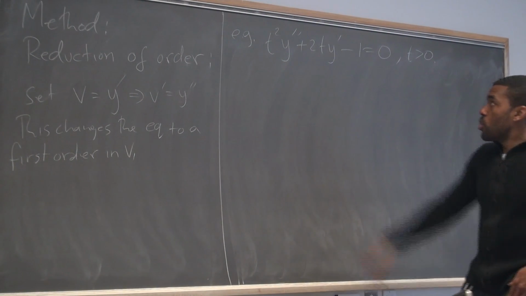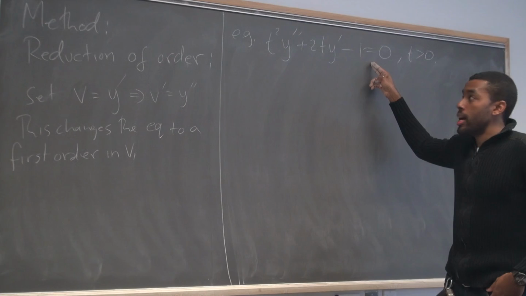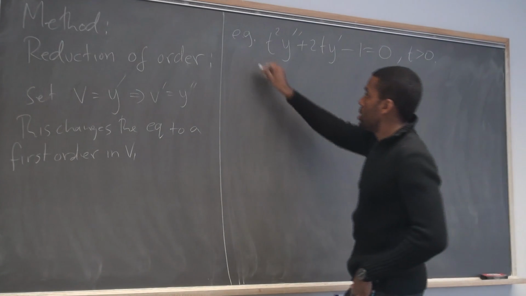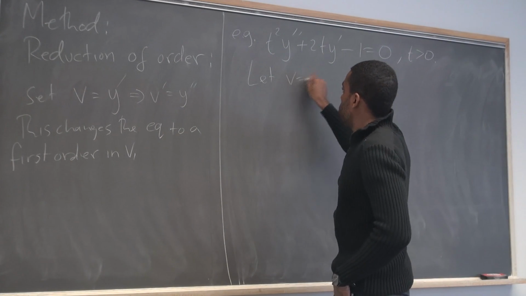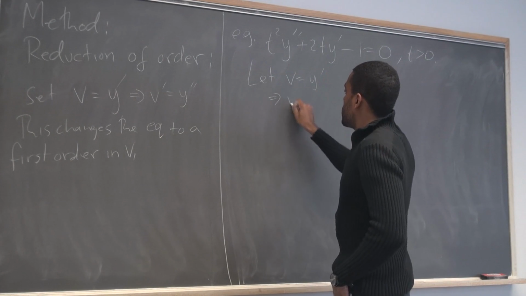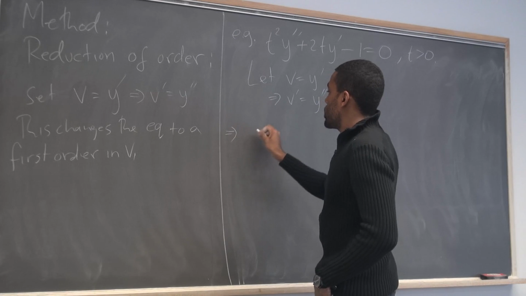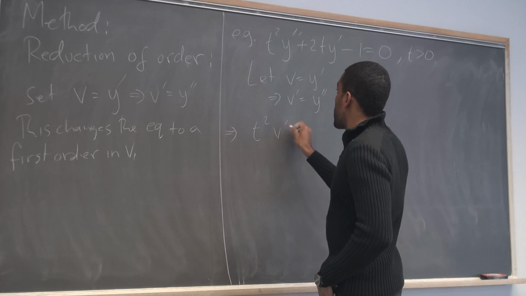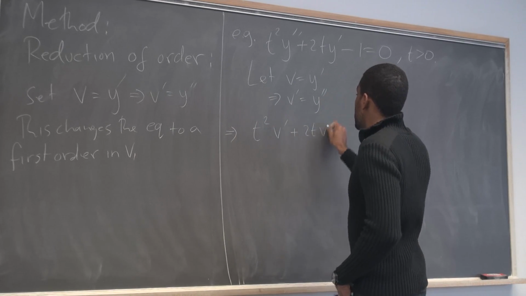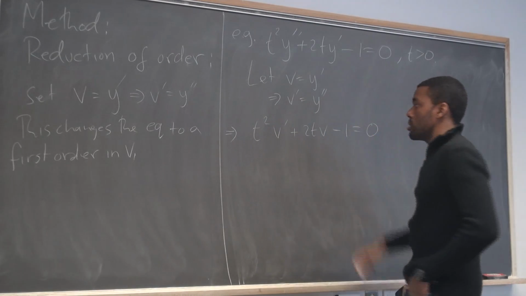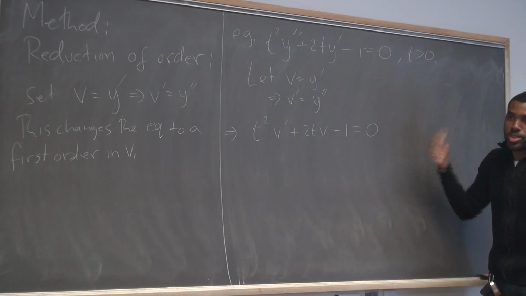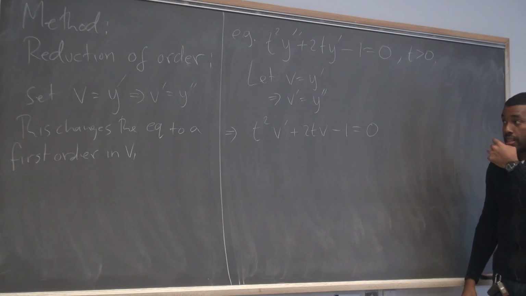So I look at this, I see, oh, there's a double prime and a prime, but there's no y. So what I can do is let v be y prime. This would mean v prime equals y double prime. This would mean I can rewrite this equation: t squared v prime plus 2tv minus 1 equals 0. And now it's a first order equation. So we can use one of the other techniques on it.